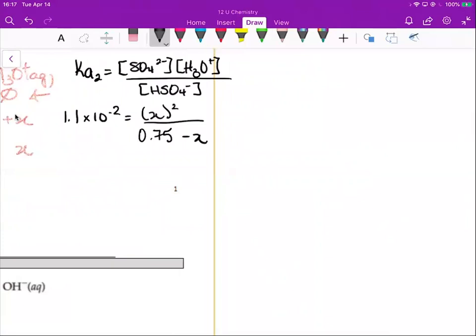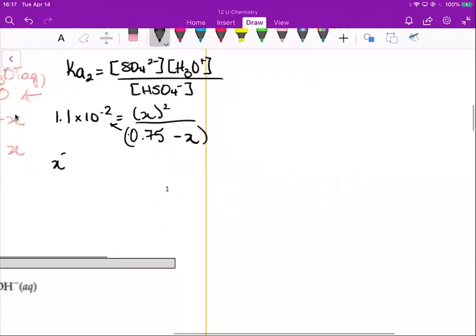Okay, so I have to do quadratic, and I always bring up the denominator first. So I get x squared equals 8.75 times 10 to the minus 3 minus 1.1 times 10 to the minus 2 x.